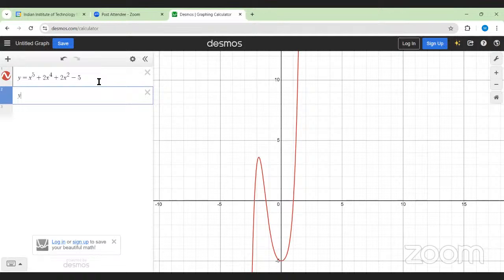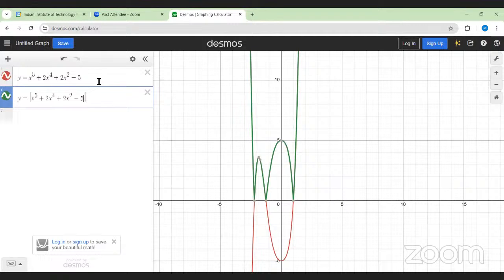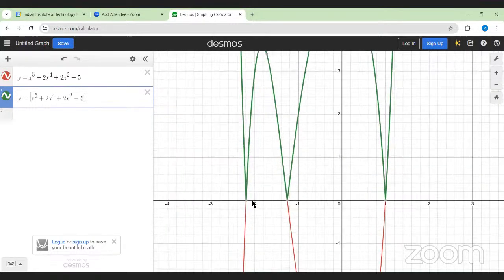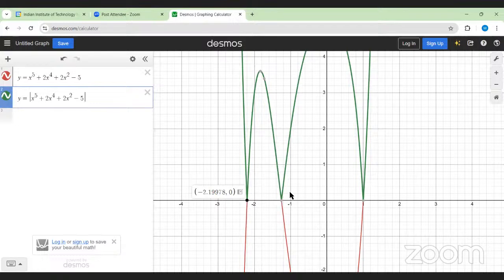So let's see what happens. This green one is the graph of this modulus function. Whatever edges were in the negative y region got shifted to the positive side, with the corner where the modulus values become 0.